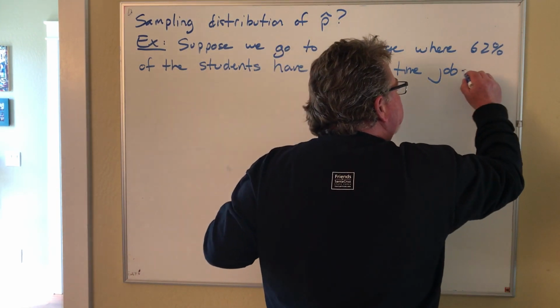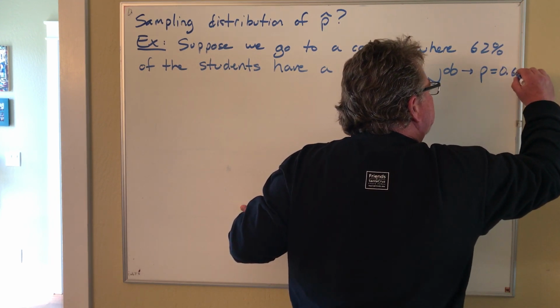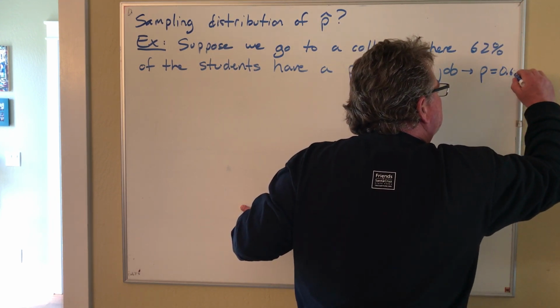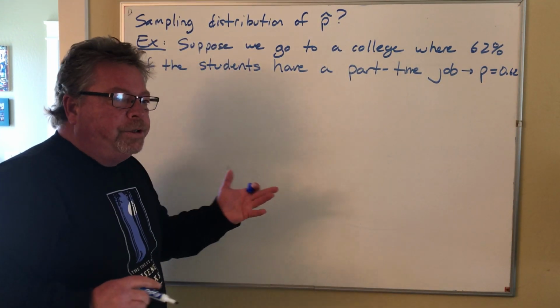What we're saying here is that, pretend that we know p is equal to 0.62.